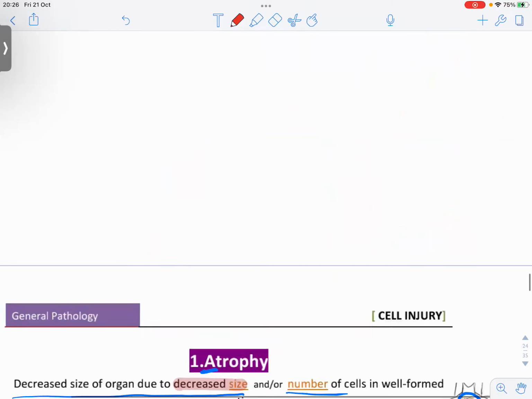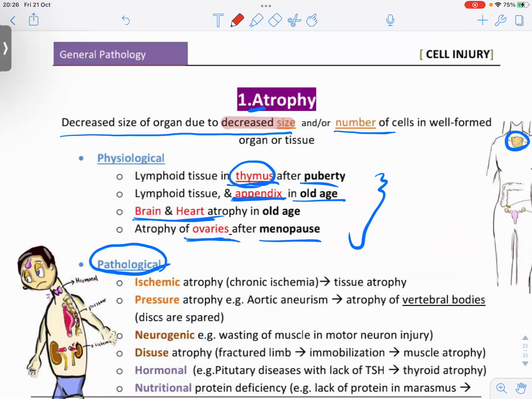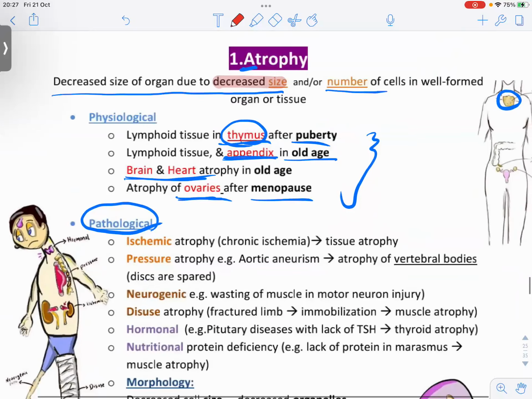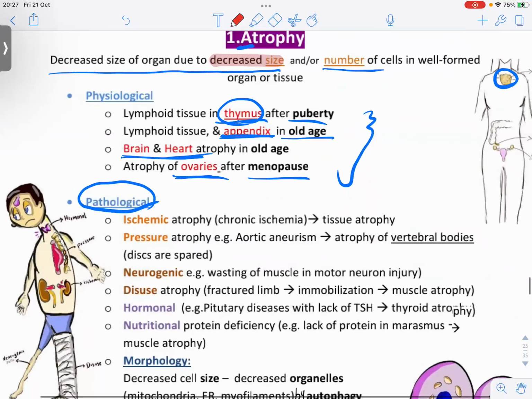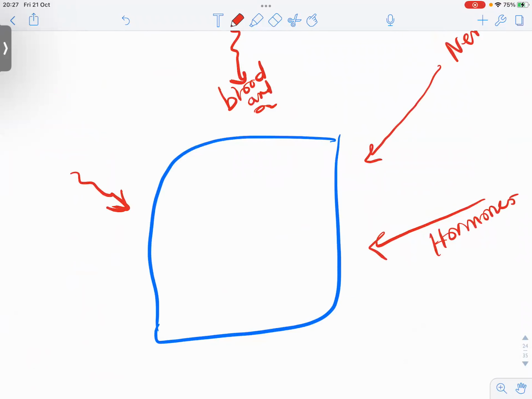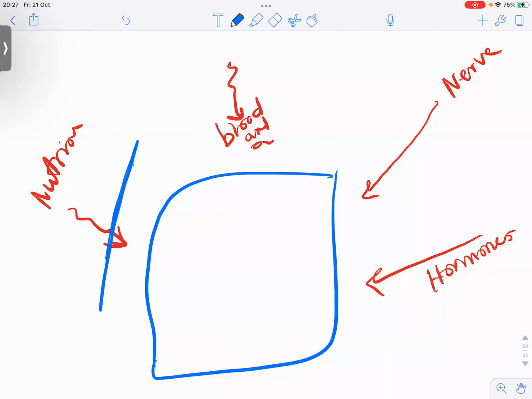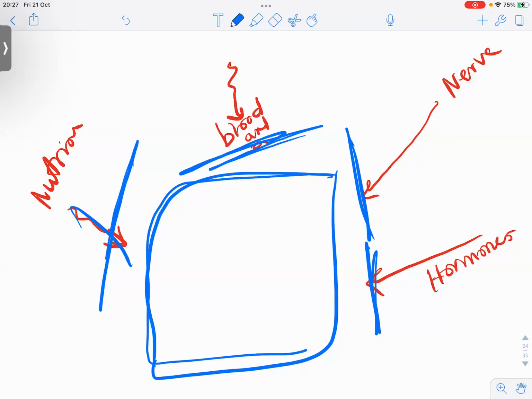So we have a lot of things which make the cell work properly, like hormones, the nerve, the blood supply, the oxygen supply, and also nutrition, like protein, lipids, carbohydrates. If some stimulus cuts off the way of these things to the cell, it can cause pathological atrophy because the cell will not get the supplement anymore.